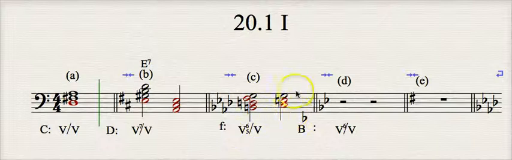Again, the exercise does not require to write down this C chord, but I recommend that you do that so you know the context. So the answer is B natural, D, F, G, which is a G7 chord, by the way. Okay. I think that should help you get started here.